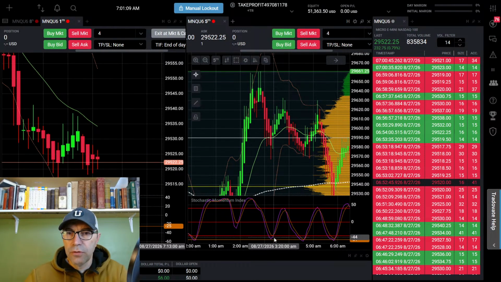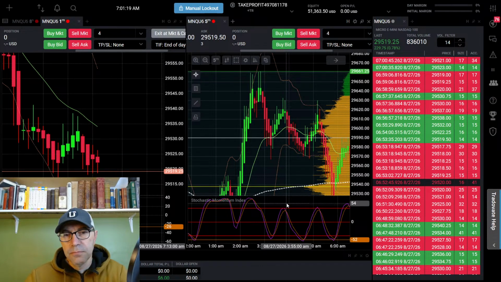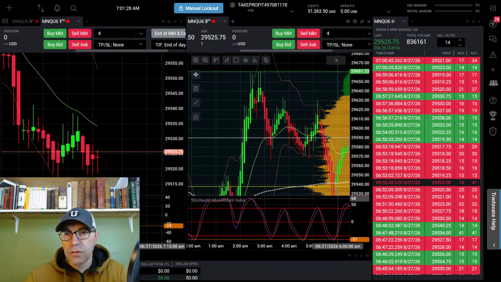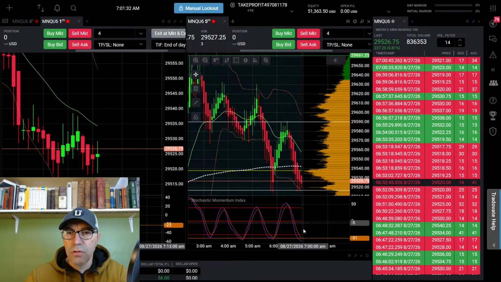The momentum crossed over about 3:20, price moved up. It crossed over at about 3:55, 4:50, 5:15. So every time you see this crossing over, we see the move. So we're looking for the crossover.